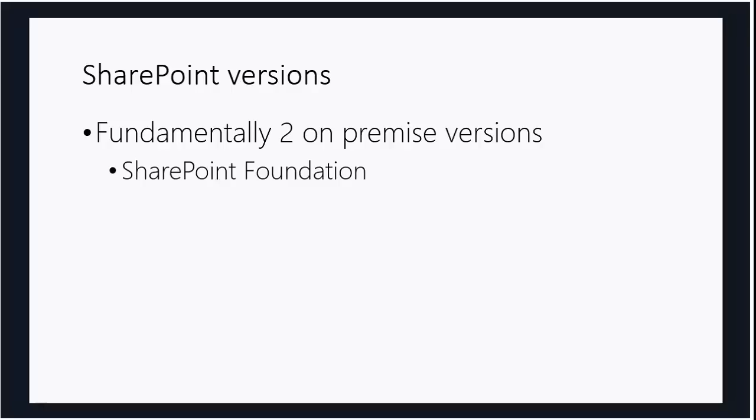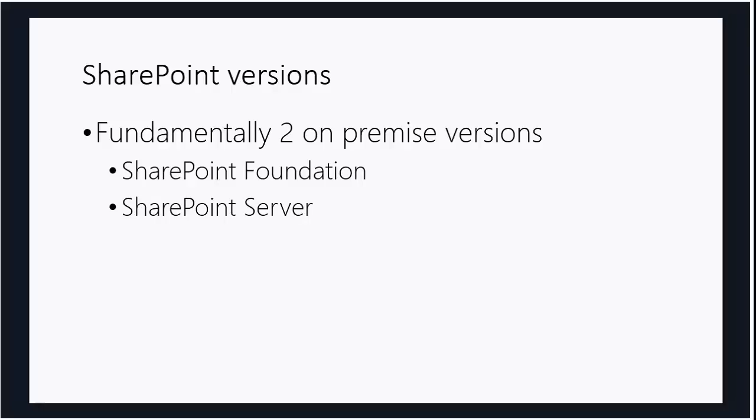The one that most people are probably familiar with is SharePoint Foundation. That SharePoint Foundation was part of Small Business Server. So you would have Windows SharePoint Services or SharePoint 2010 Foundation, for example. Then the upscale model on-premise was SharePoint Server, so SharePoint Server 2013, 2010, or whatever.